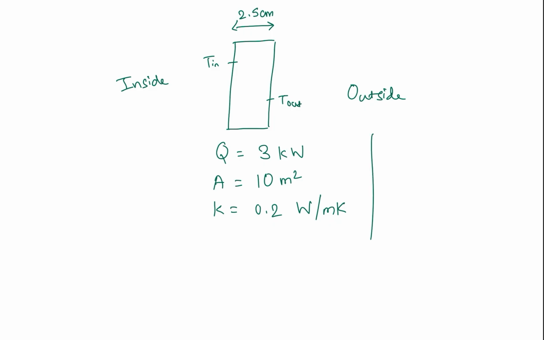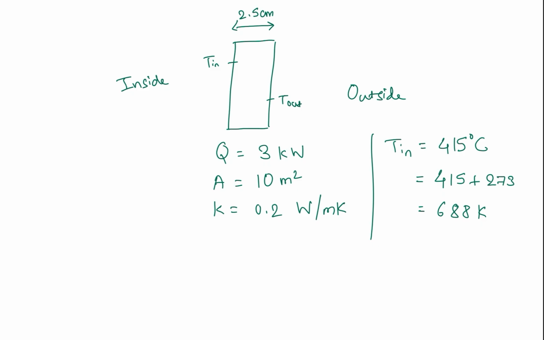So inside temperature T in is given as 415 degrees Celsius. To convert this into Kelvin, we have to add 273. So it comes out to be 688 Kelvin.